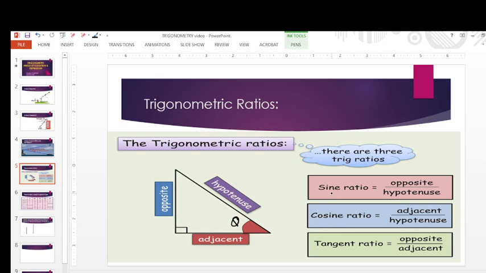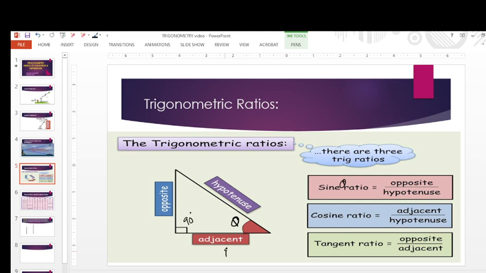So let's see. Sine theta is opposite upon hypotenuse. What is opposite? It is the side which is opposite to this acute angle theta. And the side opposite to 90 degrees is the hypotenuse. And the side which is adjacent to theta, this acute angle, is always adjacent.